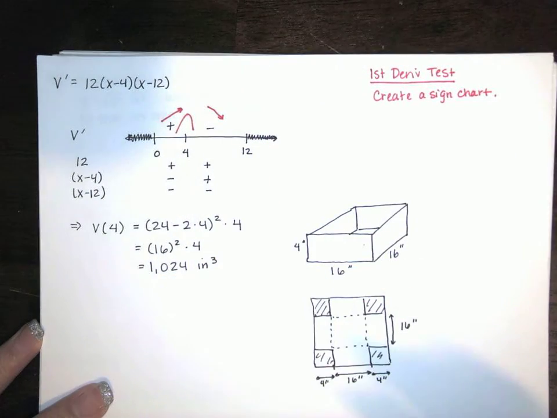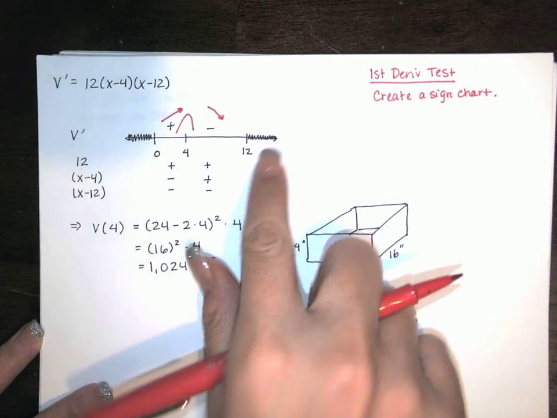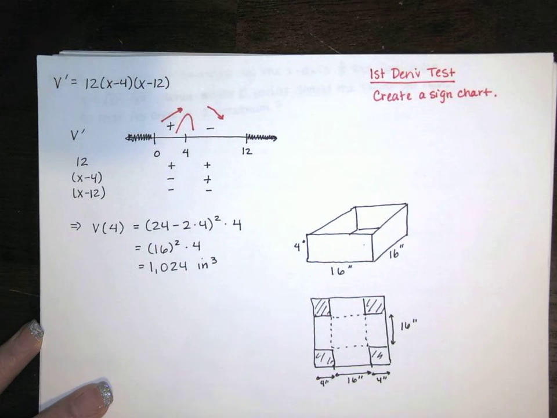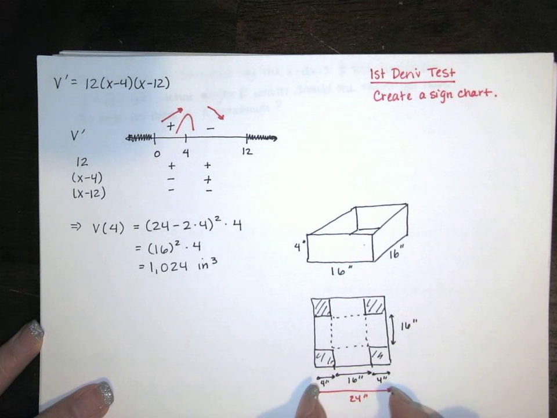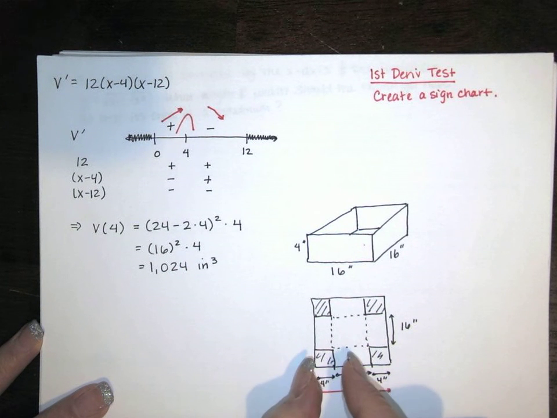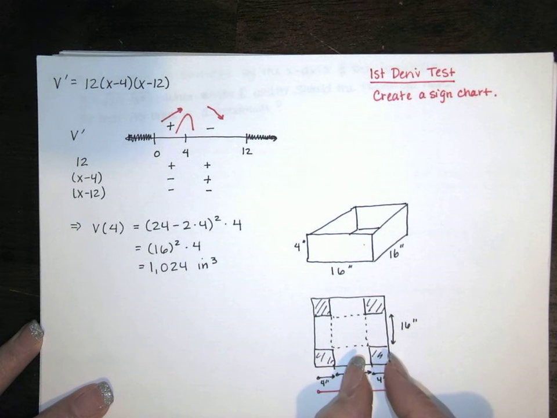And then we also had to think about, okay, is it possible for x to be greater than 12? And actually, I wasn't thinking to myself, is it possible for x to be greater than 12? I was looking at this 24-inch piece of paper, and I was saying to myself, what is the largest that x could possibly be? Well, it's going to be that 24 inches divided in 2, because I could make x half of that and x the other half of that.